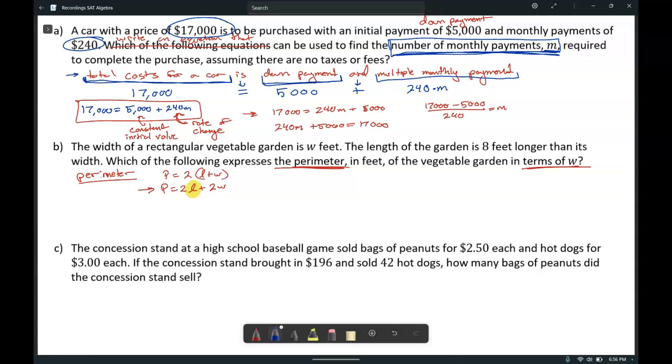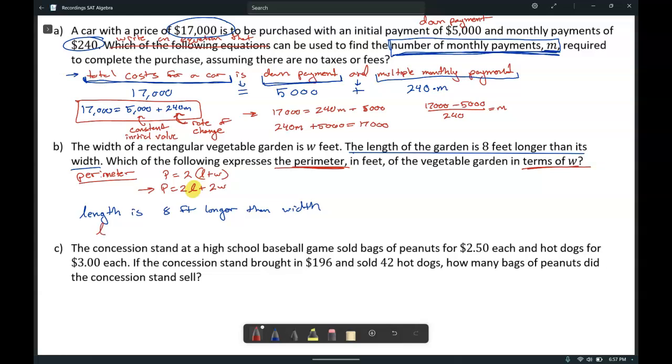So we can go ahead and translate. Well, we have another statement here. The length of the garden is 8 feet longer than its width. So the length is 8 feet longer than the width. And this statement is very important because it's a statement that we can use for our translation portion.